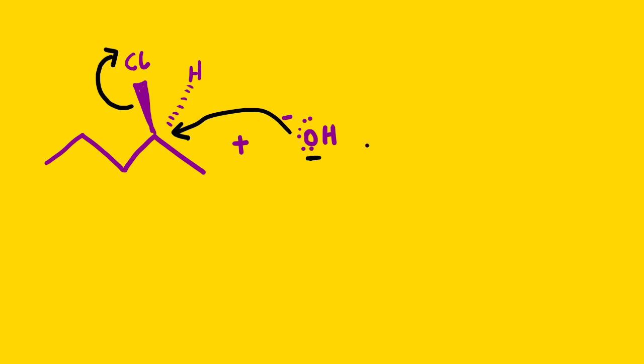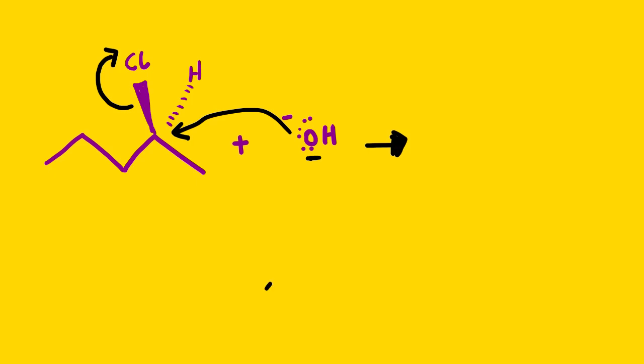Now, for the sake of explanation, I would say the nucleophile will replace anything that is at the back. In this case, you can see that our hydrogen is at the back. So as it attacks from the back, hydrogen will not share that position with our nucleophile.